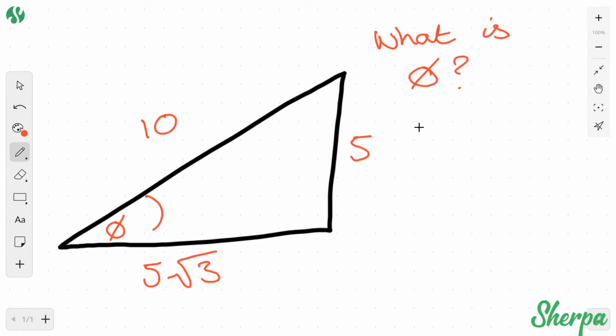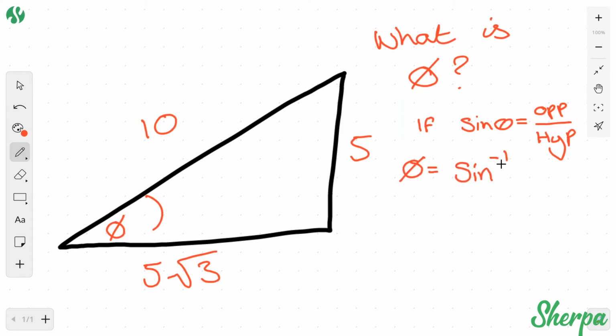I can use that sine theta equals the opposite over the hypotenuse, except this time I'm going to use sine to the -1, the inverse function, of the opposite over hypotenuse to find out what theta is.